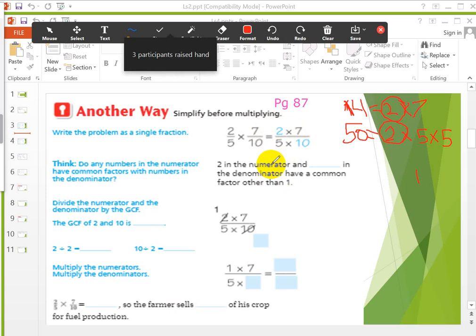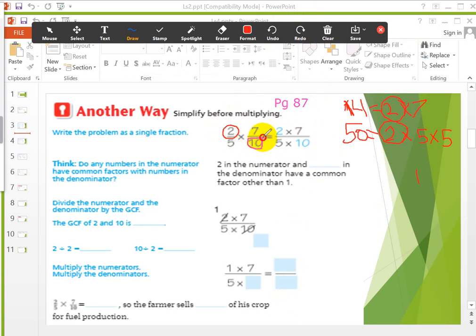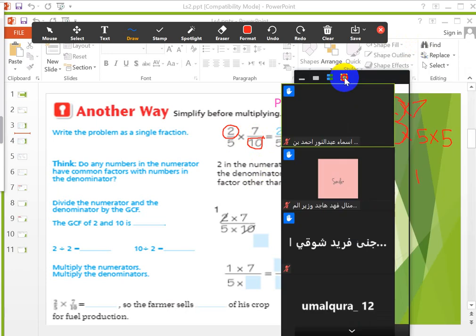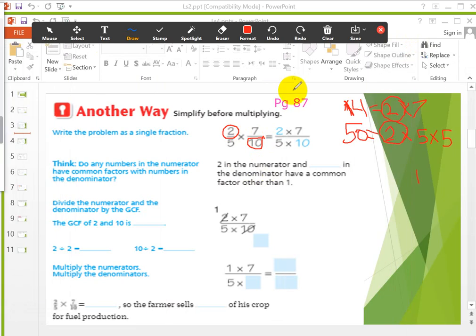So both the numerator from the first fraction and the denominator from the second one are able to divide by the same number. That means 2 and 10. What is the greatest common factor for 2 and 10?